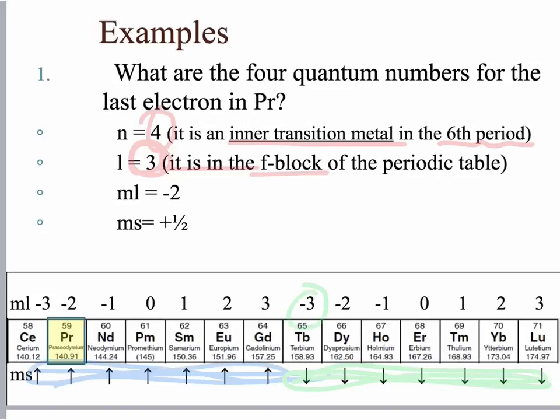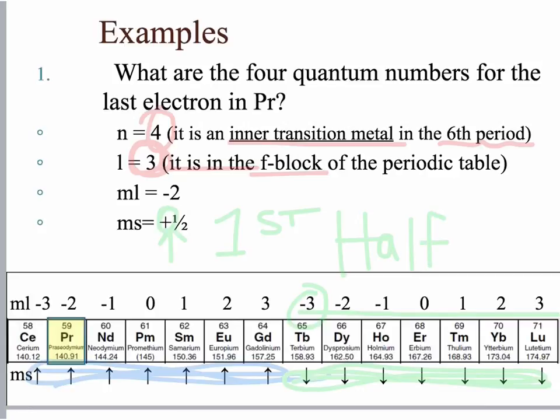Right here, it starts over again, -3, -2, -1, 0, 1, 2, 3. So our M sub S is in the first half of the block. That's why it's spinning up. It has an up spin, which gives me a positive number. That's that positive 1/2. And that's because it's in the first half of the block.